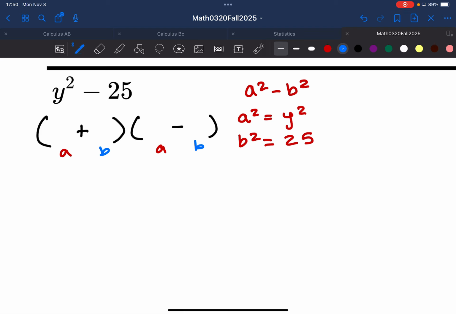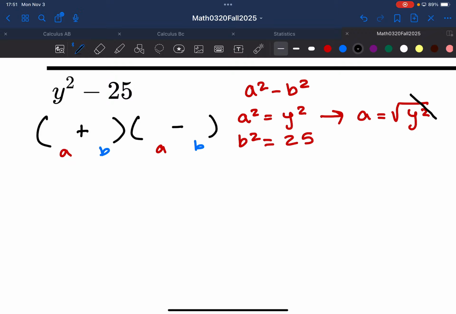Well, in order to find A and B, since we have A squared and B squared, we're just going to take the square root. So here, A is going to be equal to the square root of y squared. And who can tell me what happens with the square root in the square? They do what? Cancel. Okay, they cancel each other out.